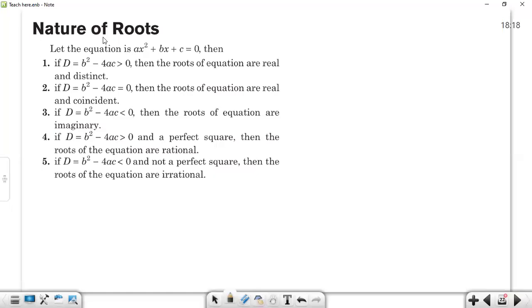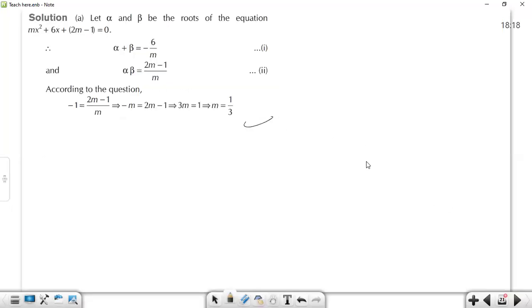Nature of roots. We have discussed it earlier also. Now you tell me what is the discriminant of this quadratic equation? No problem if you don't remember.